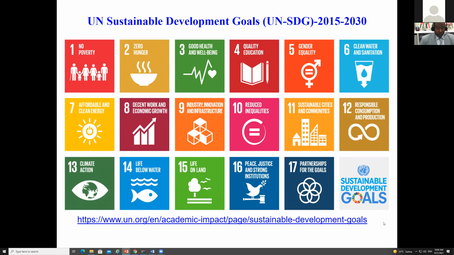As we know, the United Nations listed 17 goals in 2015. With these goals, they tried to encourage governments, researchers, professionals to implement all of these goals.